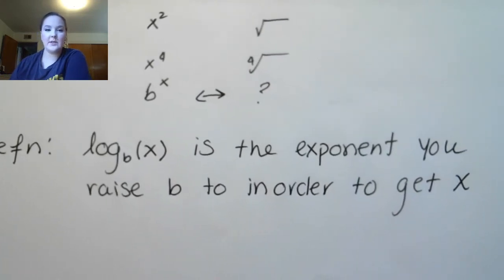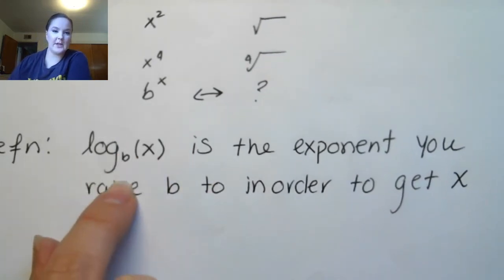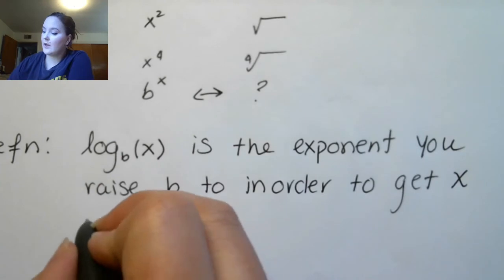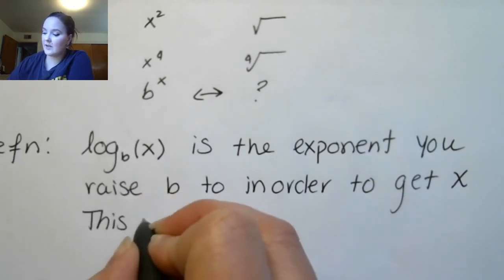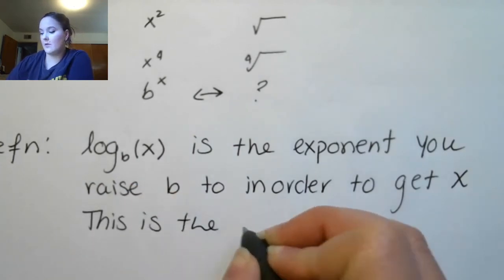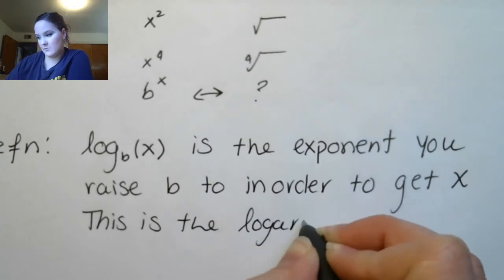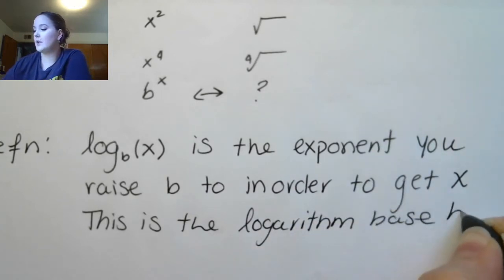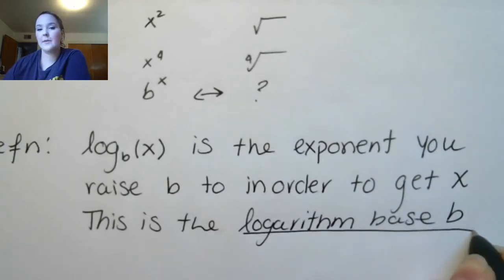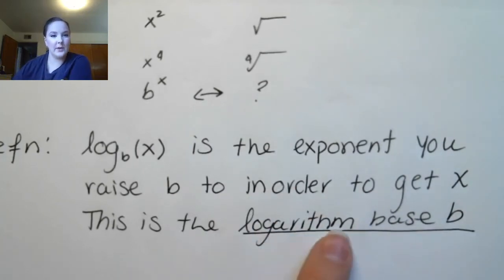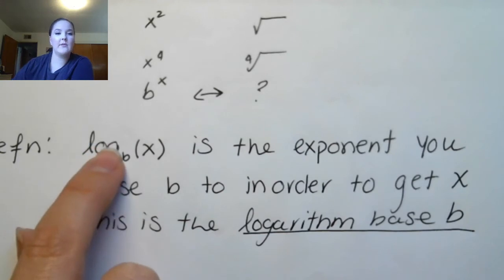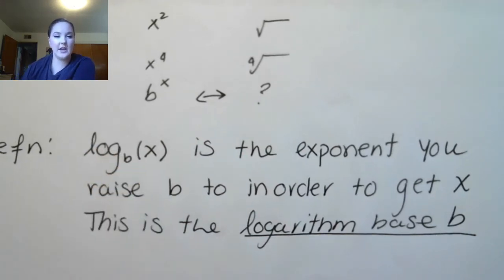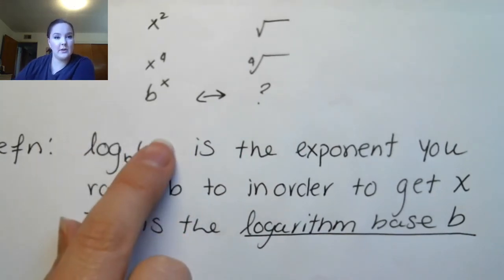Okay, so the definition of log base b of x, also we would say this is the logarithm base b. So this is what this is called. If we have logarithm base b of x, this is an exponent, first of all.